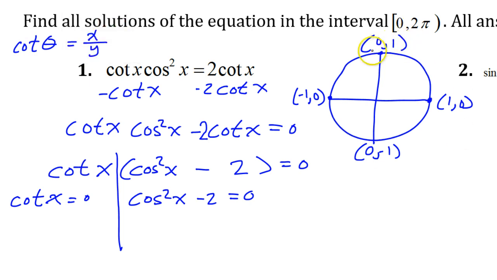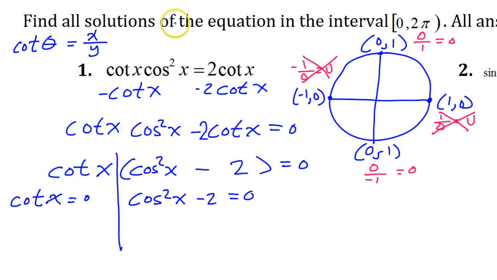So going around this, if I do x over y, this would be 0 over 1, which equals 0. This would be 1 over 0, which is undefined. This is 0 over negative 1, which equals 0. And this is negative 1 over 0, which is undefined.